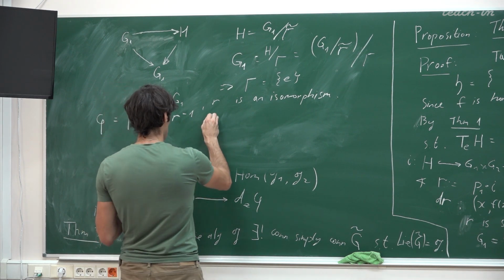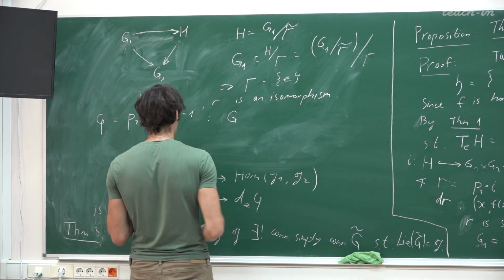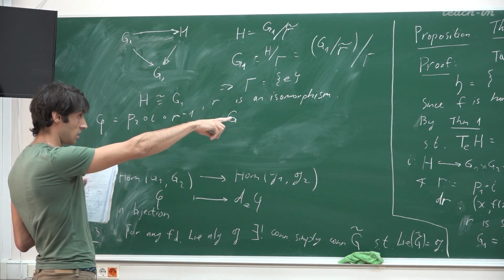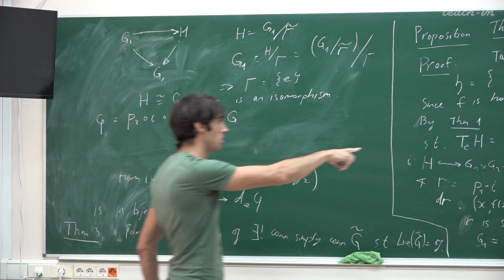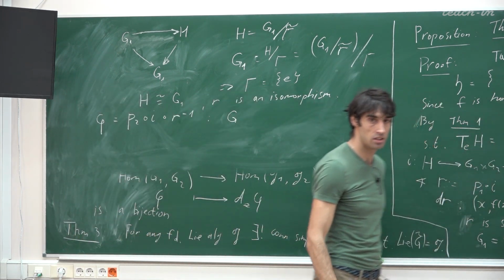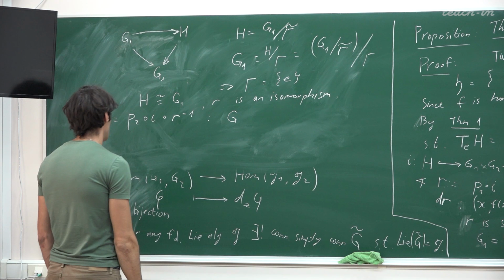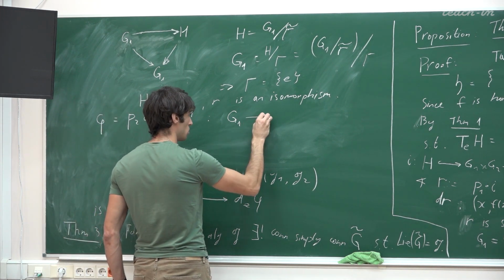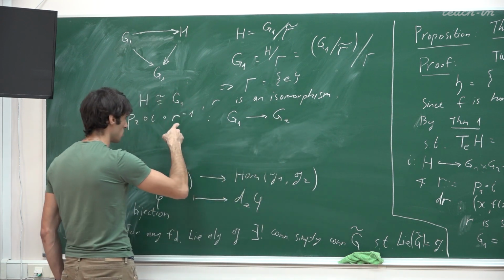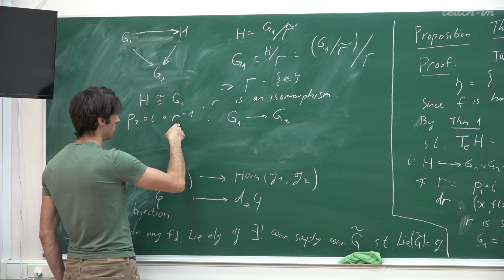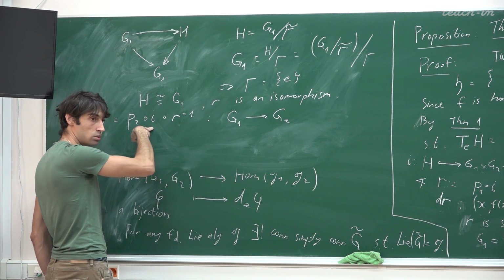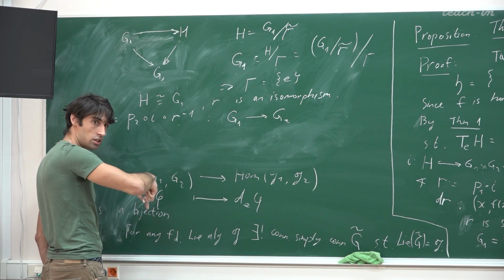This is the map that we are going to construct, this is our goal, to construct a map whose differential is f. So this is a map from G1 to G2, you can check. This one goes from G1 to H, this includes H into G1 times G2, and then we project to G2.